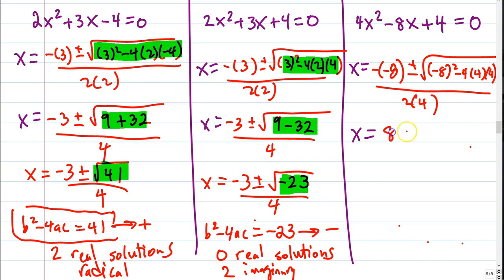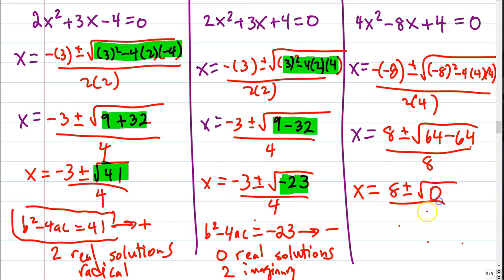X is equal to 8 plus or minus the square root of 64 minus 64 all over 8. X is equal to 8 plus or minus the square root of 0. Well, hey, what did that do? I can just look at that 0.